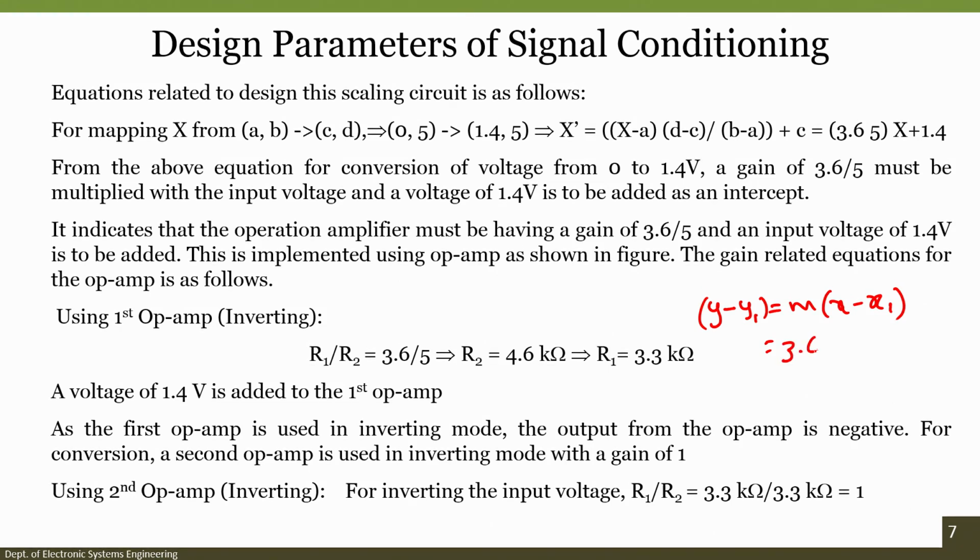It was 3.6 divided by 5. y minus y1, which was 1.4, is equal to the slope into x minus x1, and x1 is 0. So, what is the equation I get now? I get y is equal to 3.6 by 5 x plus 1.4.